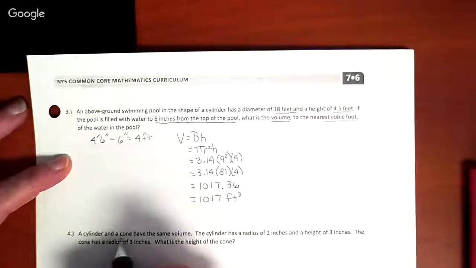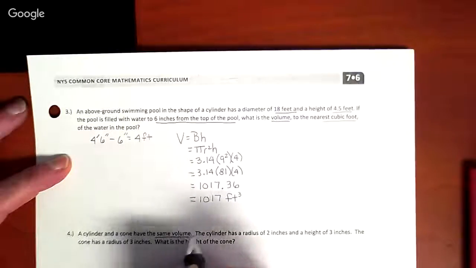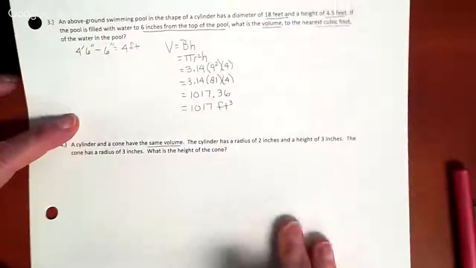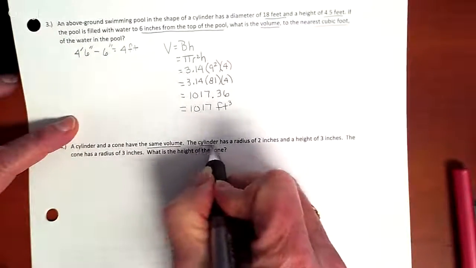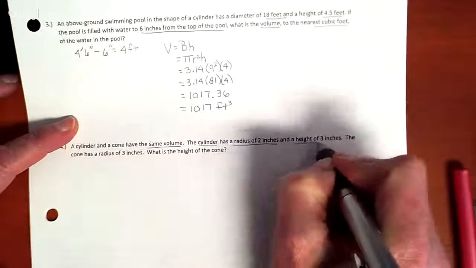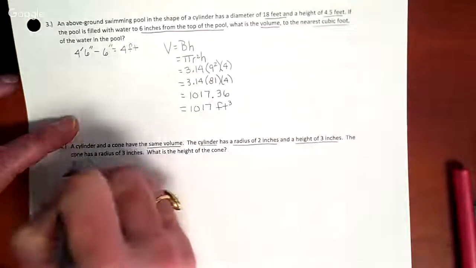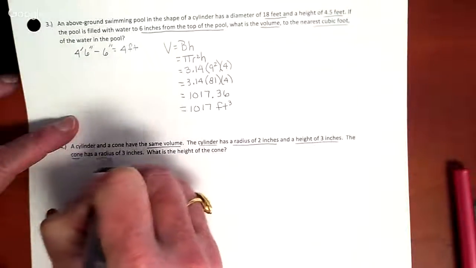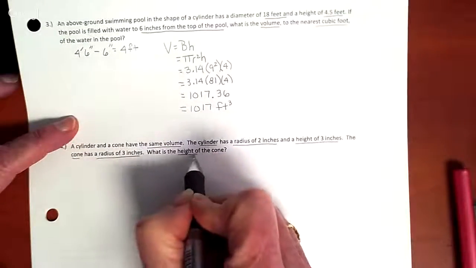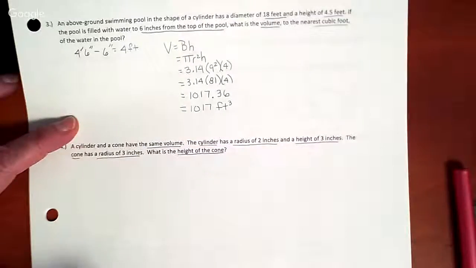Now we have a cylinder and a cone that have the same volume. The cylinder has a radius of 2 inches and a height of 3 inches. The cone has a radius of 3 inches. What is the height of the cone?